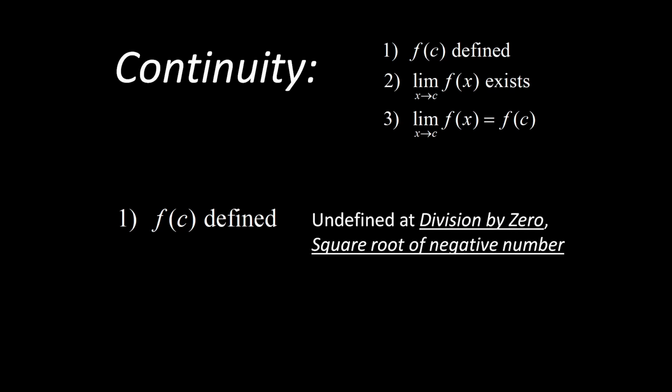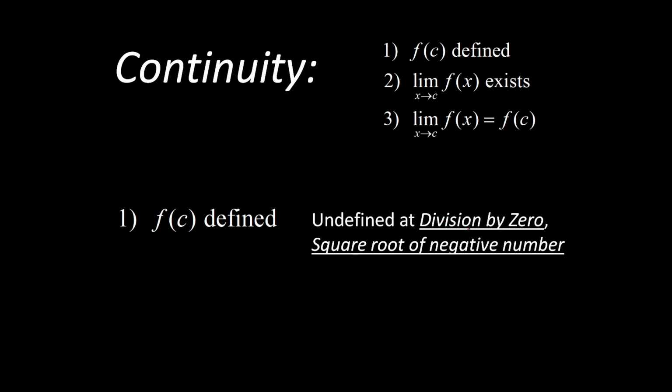So there is another way to approach continuity. And so here's our 3 properties again. And that's to know when they fail. So if we look at the first property, that the function has to be defined, well, when is a function not defined? A function is undefined when you have division by 0 or the square root of a negative number.